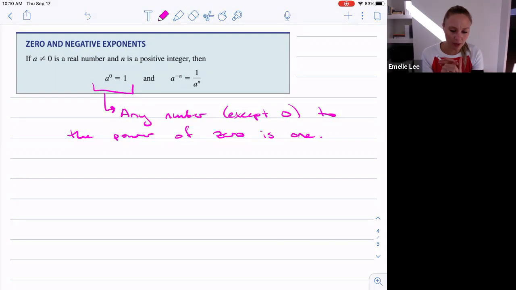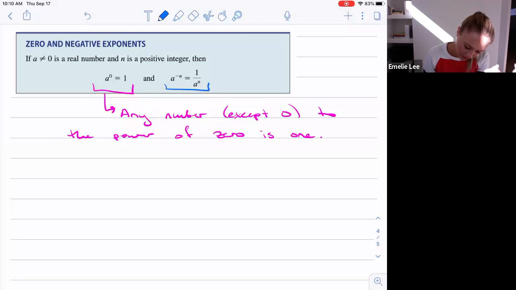Another thing about exponents is we can use exponents to write fractions, right? And so we can use a negative exponent to indicate that that base is actually in the denominator. Right?